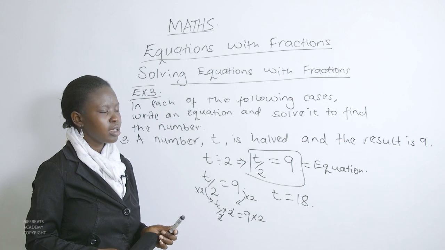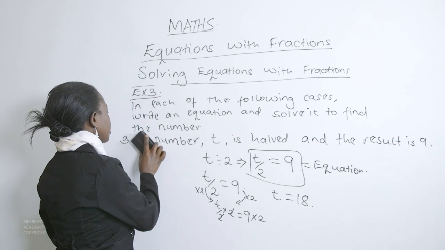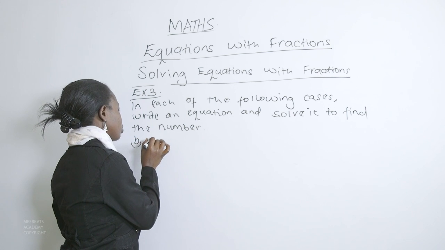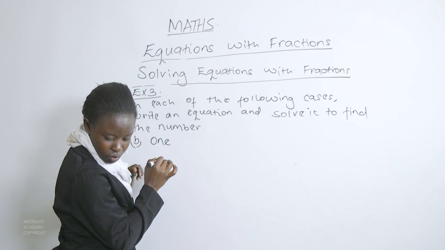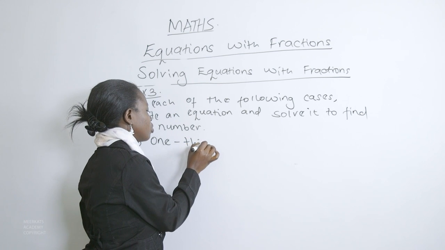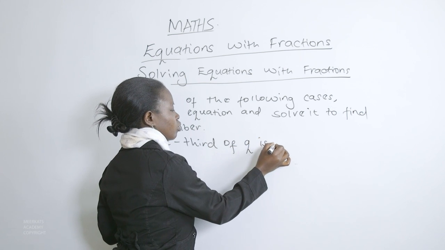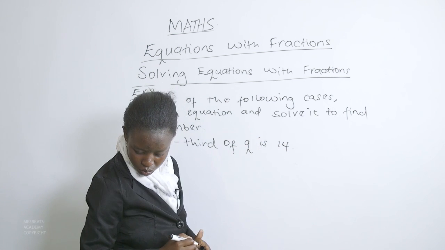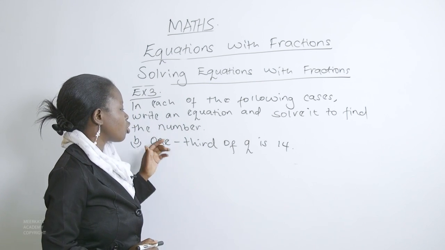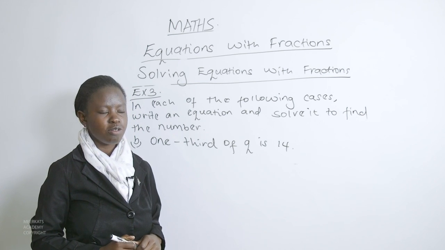Let us look at the second situation and find out what is required of us. The second situation, we have 1/3 of q is 14.